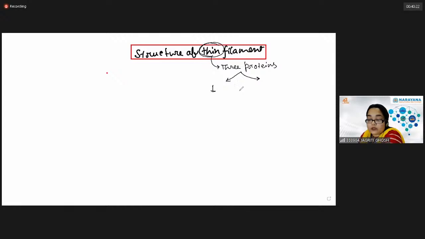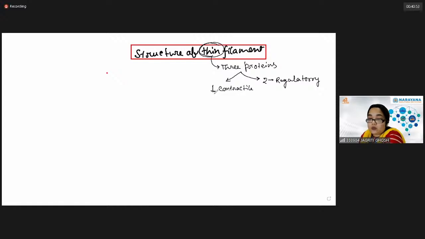One protein is contractile, responsible for the contraction, and 2 proteins are regulatory proteins.